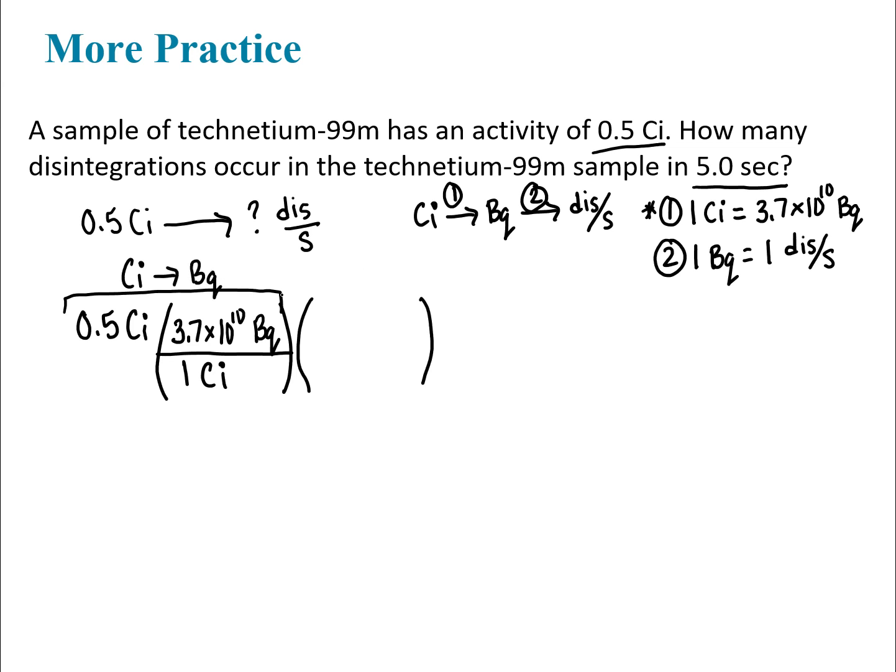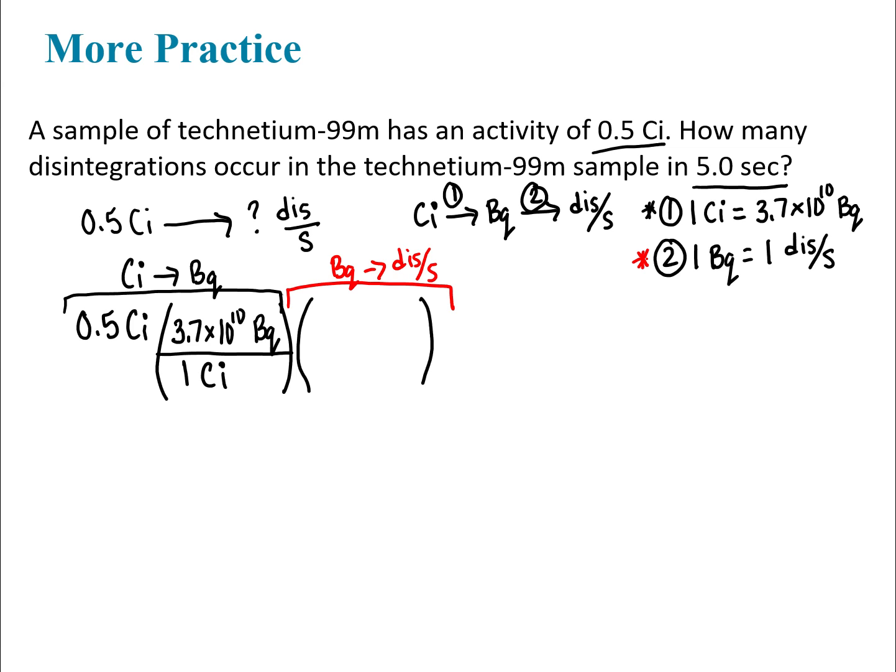Now we need to go from Becquerel to disintegrations per second. What am I going to use for my conversion factor here?